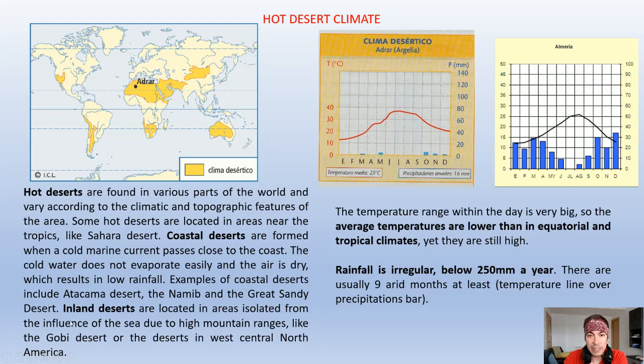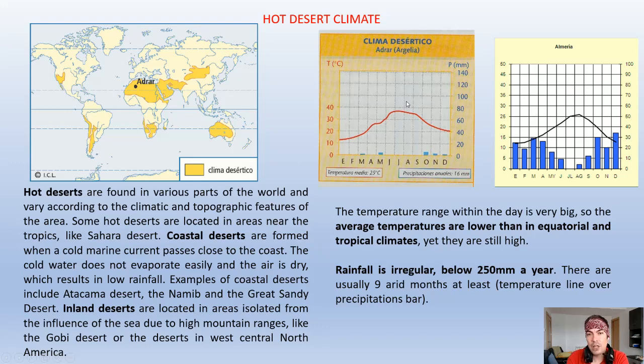And finally, the inland deserts are located in areas isolated from the influence of the sea, so in the interior lands, due to the high mountain range. For example, the Gobi Desert here, which is isolated by the Himalaya, and the West Central North America Desert, which is isolated by the Rocky Mountains.